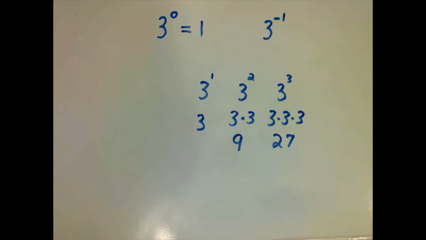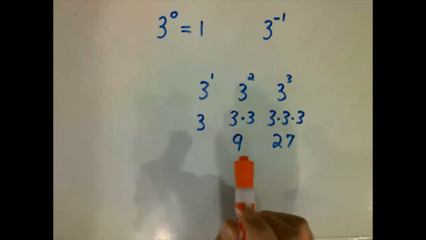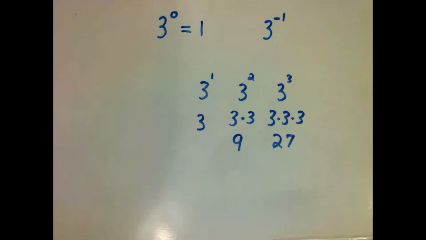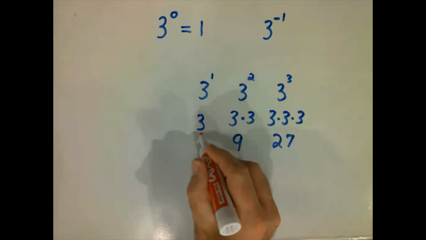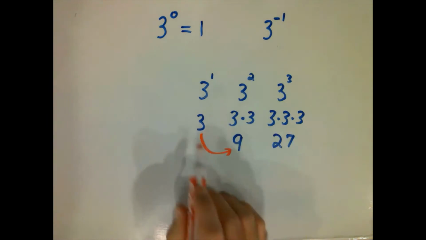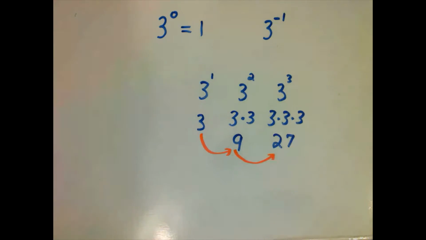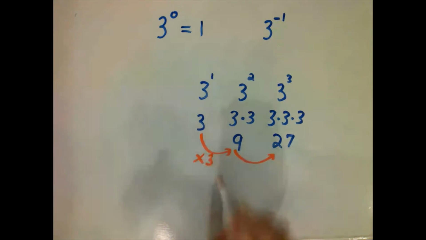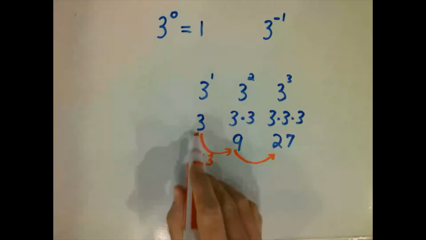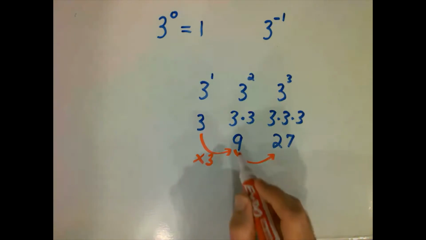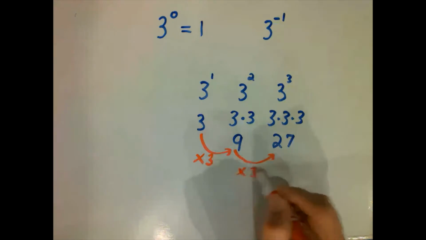Now, as we go from left to right here, 3 to the first, 3 to the second, 3 to the third, what's going on from this number to this number? How do we get from 3 to 9 or from 9 to 27? Each time I'm multiplying by another 3. 3 times 3 gives me 9, and 9 times 3 gives me 27.